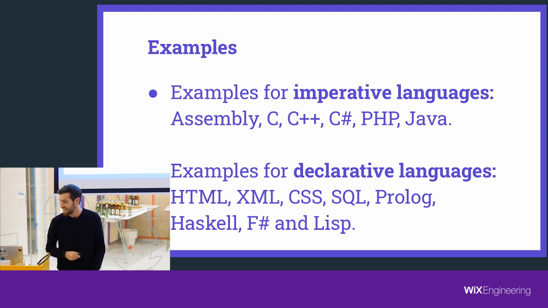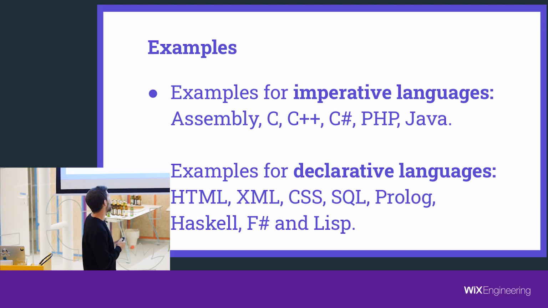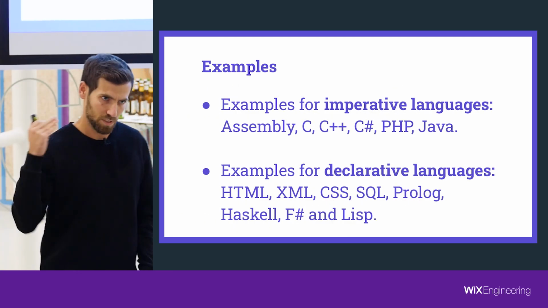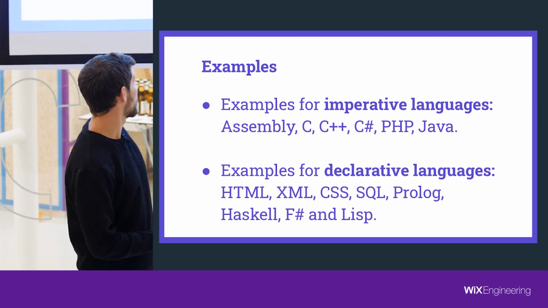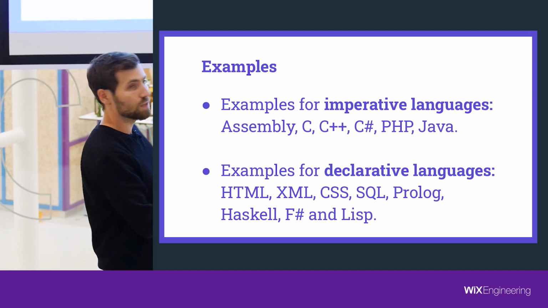So we have assembly, which is, of course, an imperative language. It's the machine code. We have C, C++, and Java, much higher-level languages, but still imperative, where we should specify each command. At the other end, we have declarative languages, for example SQL.